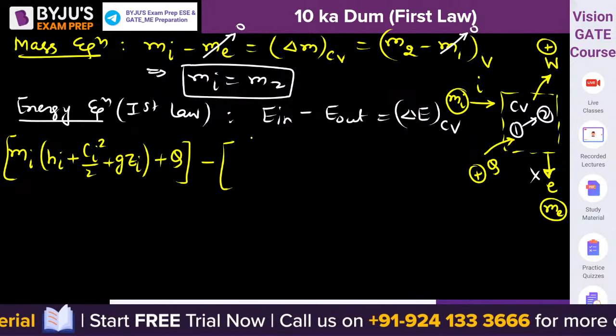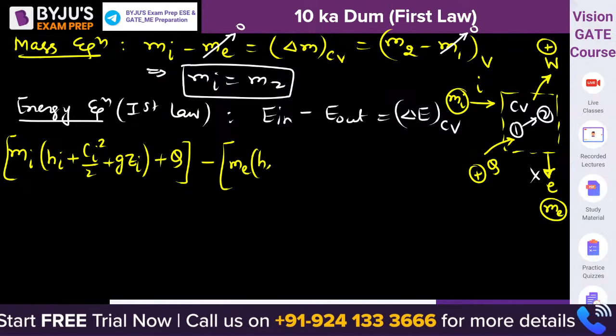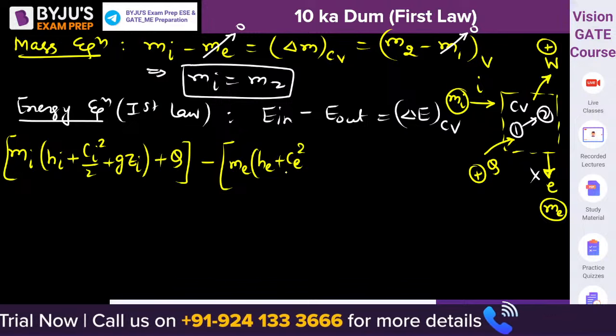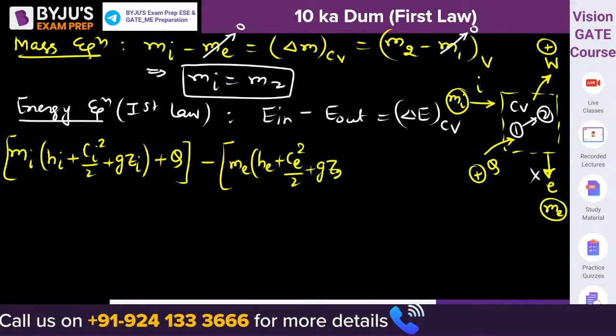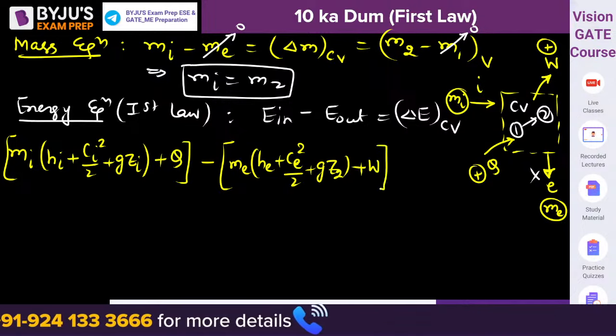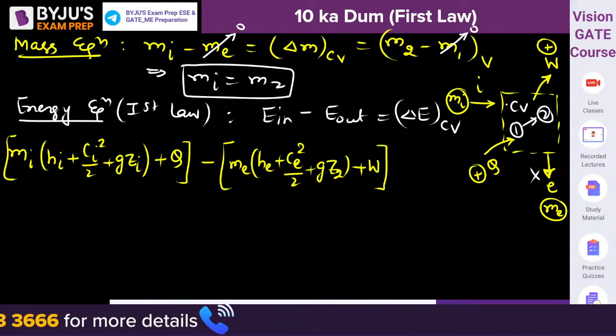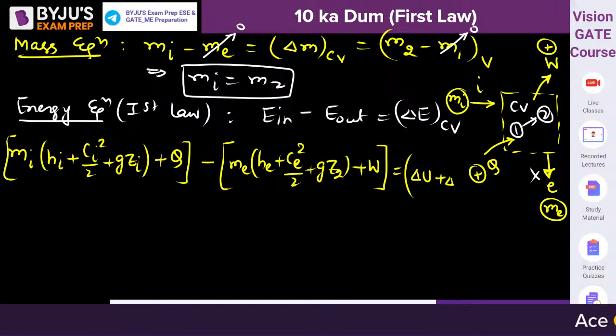Energy leaving is Me into He plus Ce square by 2 plus Gz plus W, is equal to change in energy in the control volume, change in internal energy, change in potential energy plus change in kinetic energy in the control volume.